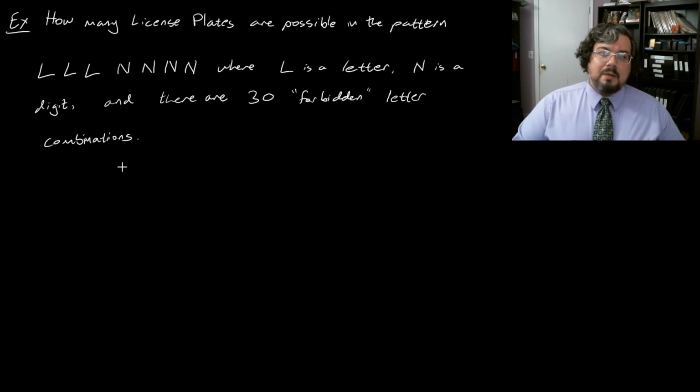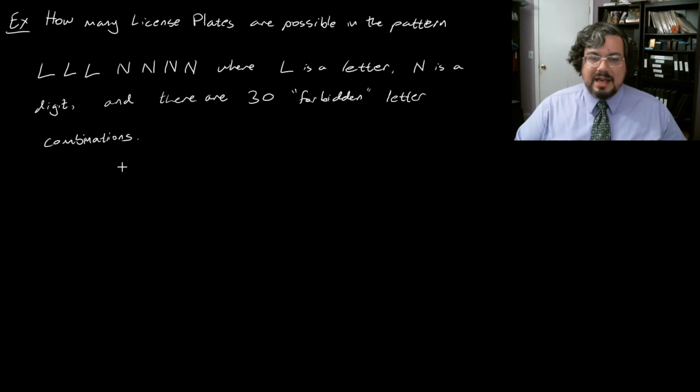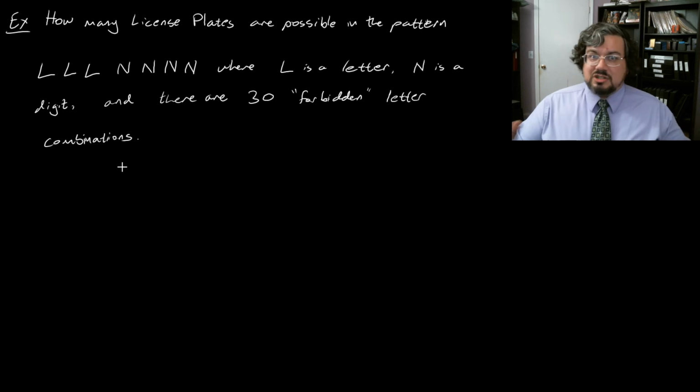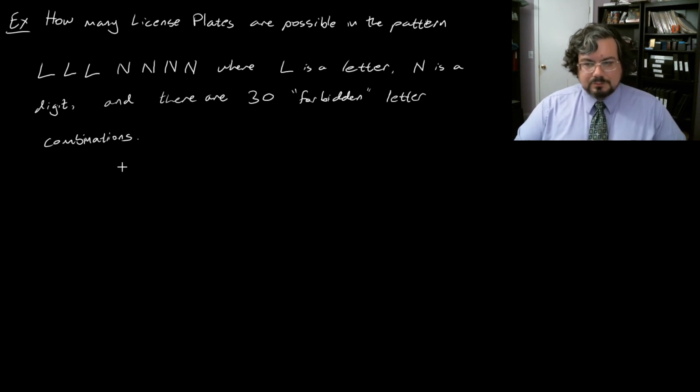So it's very common in situations like this for there to be forbidden combinations. They'll go through and decide, oh no, that looks like a bad word, that's offensive, we don't want to do that. And so they're going to allow most of the combinations of letters, because most of them are just nonsense, but there's going to be some forbidden letter combinations.